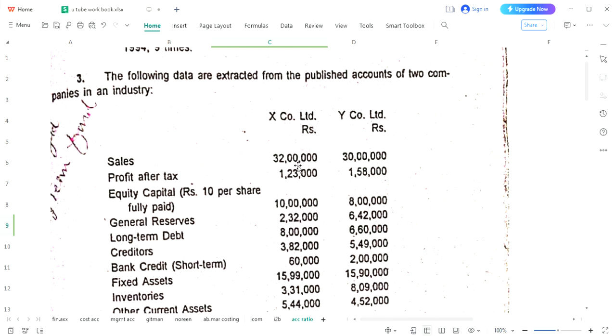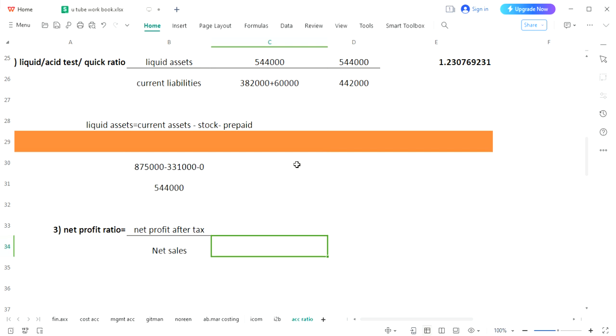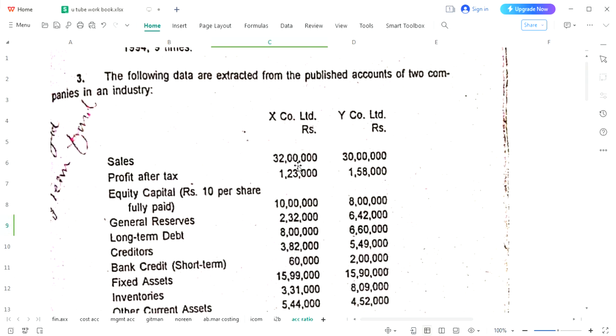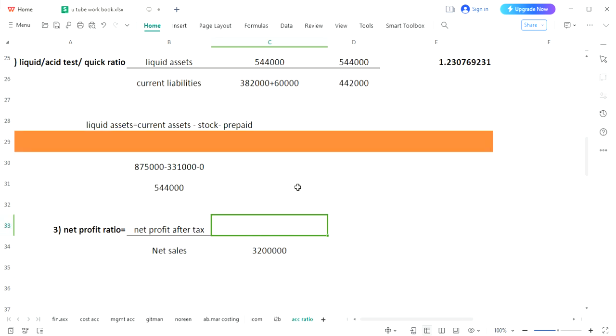So 32 lakh is sales. We are writing over here 32 lakh sales, and now we need to write profit, and here directly profit after tax has been mentioned, which is 123,000. So we are going to write it directly. We don't need to calculate it for this question.